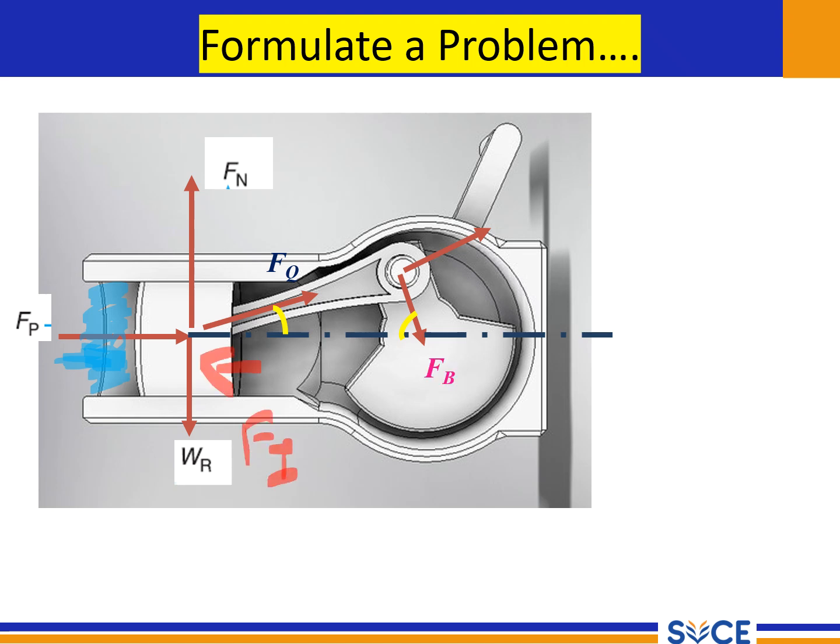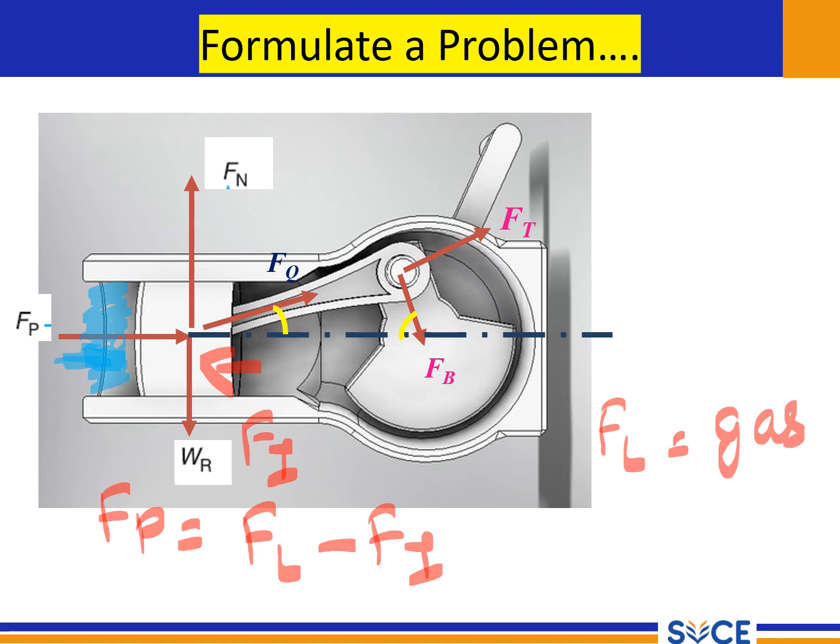So we have to calculate the net force. What is going to be acting? The force acting on the piston is FL minus Fi. Initially we consider these two things. FL is the force due to the gas, and Fi is the inertia force.